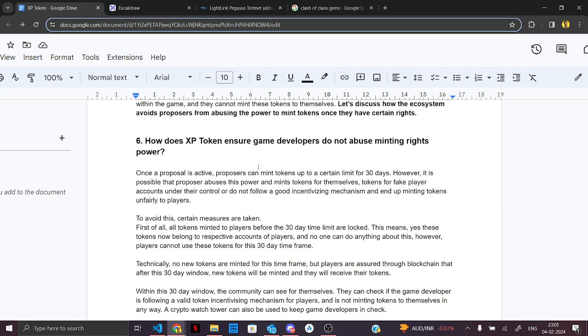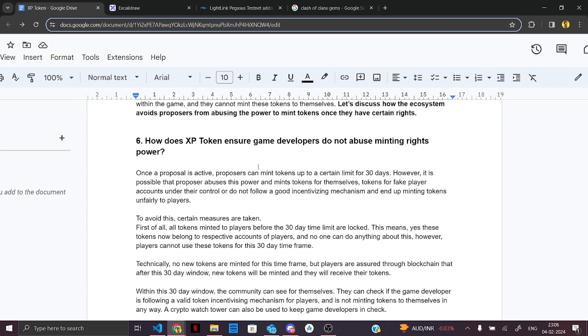Once a proposal is active, proposers can mint tokens for only 30 days. However, it is possible that the proposer abuses this power and mints for themselves, or mints tokens for fake player accounts under their control, or does not follow a good incentivizing mechanism and ends up minting tokens unfairly to players. To avoid this, some measures are taken.